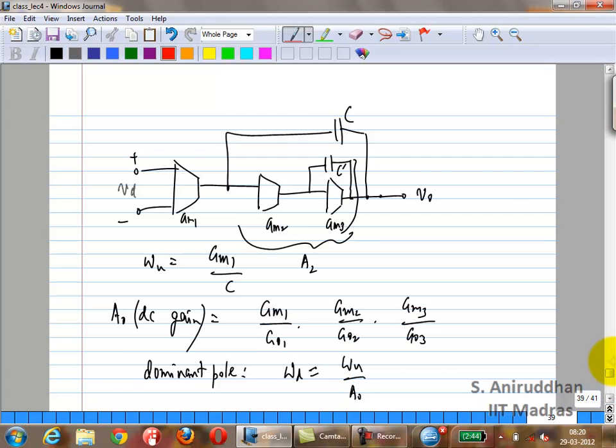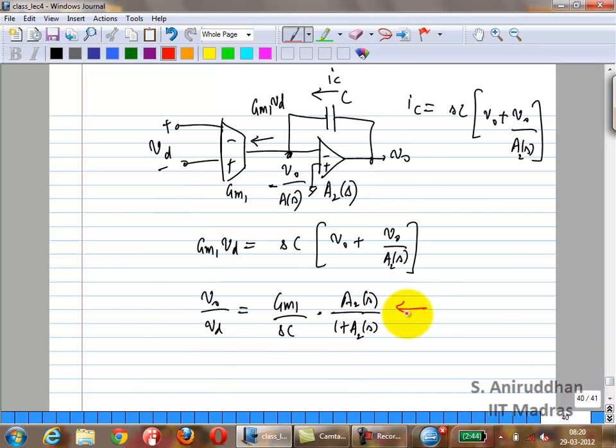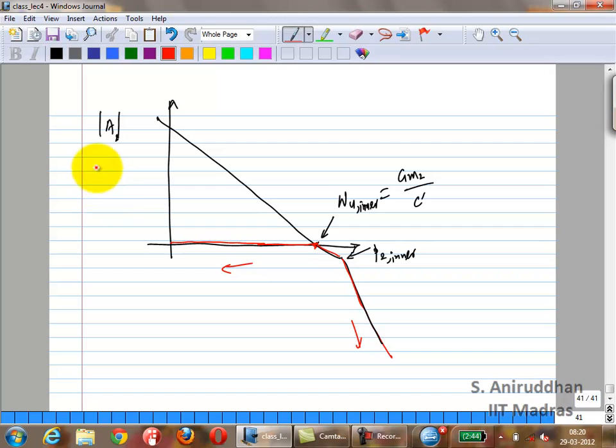So now, what can you say about the overall transfer function? What is this going to look like? You have found out what A over 1 plus A looks like. That multiplied by GM1 over SC is going to give you the overall transfer function, correct?